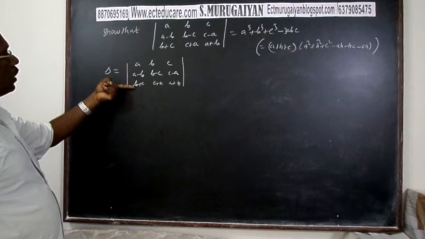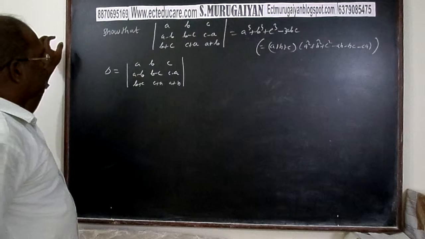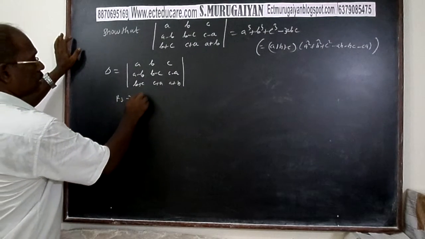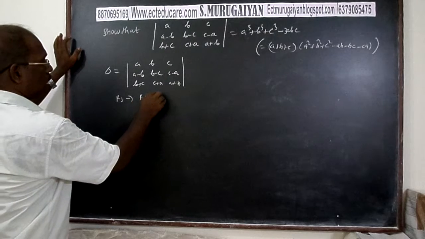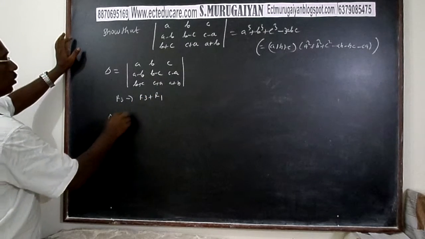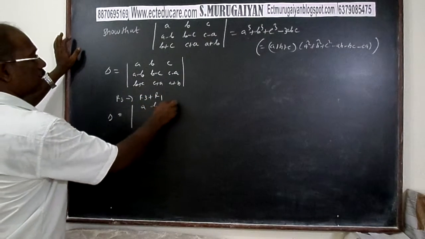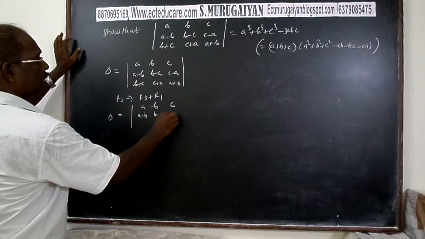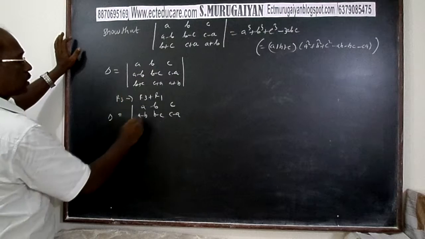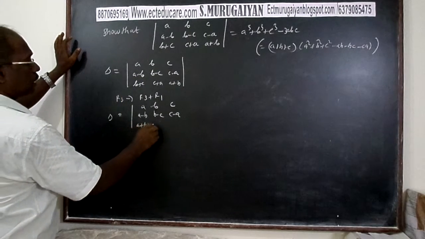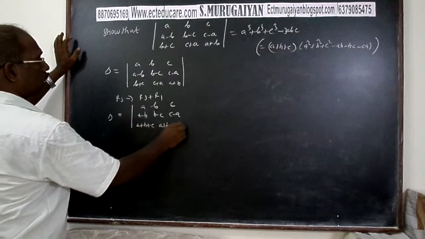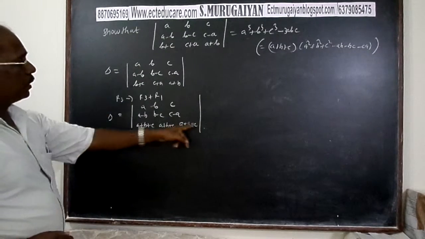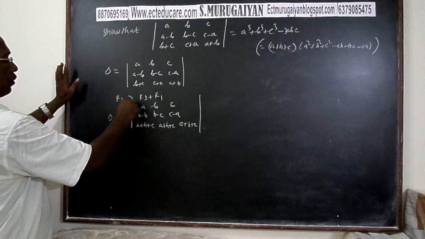Adding R1 and R3 we can get a plus b plus c. So we can write R3 as R3 plus R1. Then delta equal to a, b, c; a minus b, b minus c, c minus a; adding these two, a plus b plus c, a plus b plus c, a plus b plus c. Then a plus b plus c is a common factor from R3.